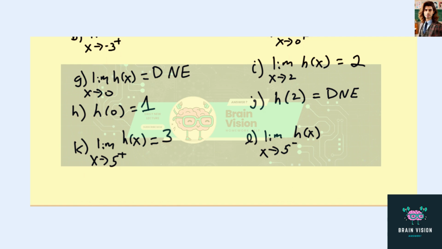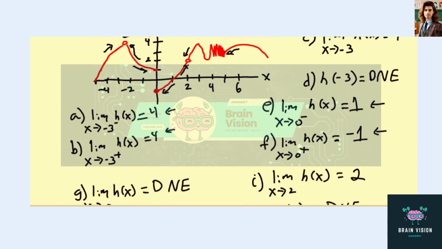And then the limit as x approaches 5 from the left, well, it's hard to tell on our curve.